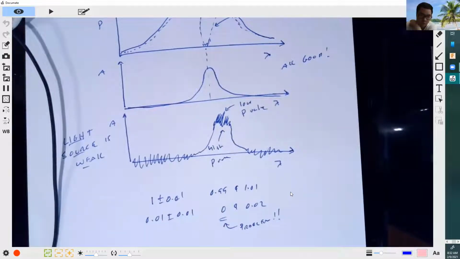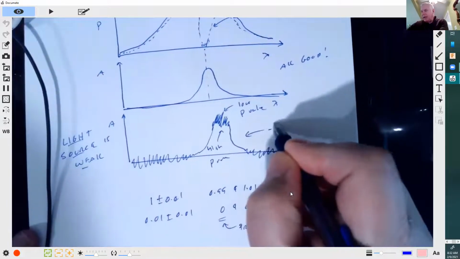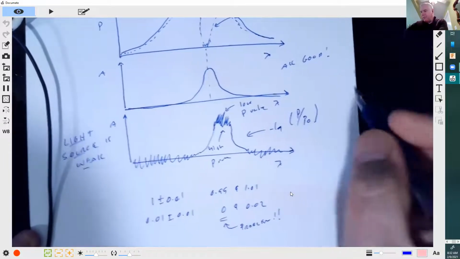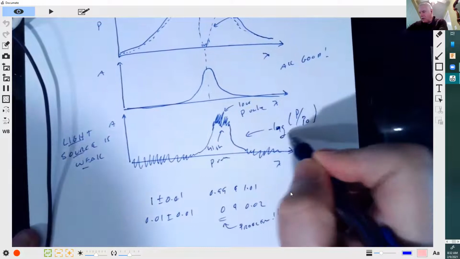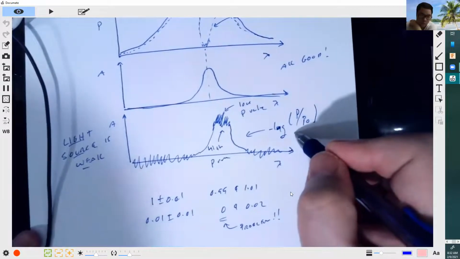Wait, what do we mean by the quotient? The quotient is the negative log of P over P0. So this here is a quotient.